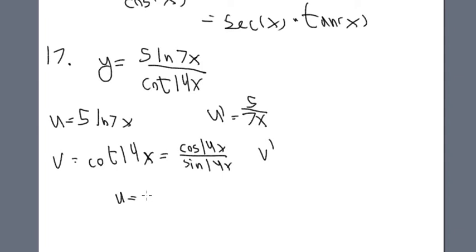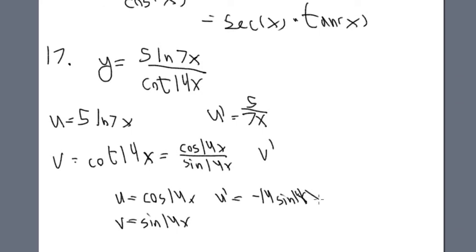So down here I'm going to do u is cosine 14x. V is sine 14x. U prime is negative 14 sine 14x. V prime is 14 cosine 14x.